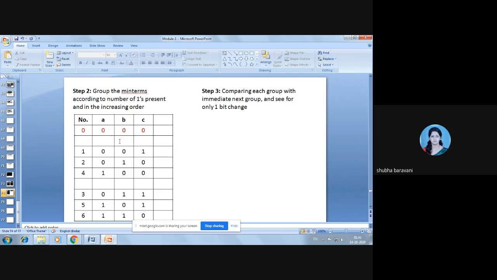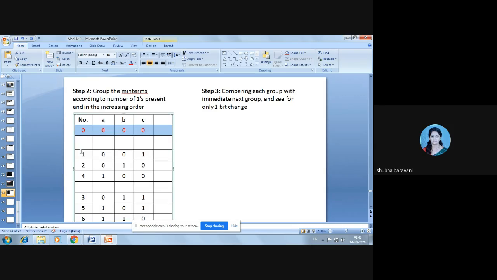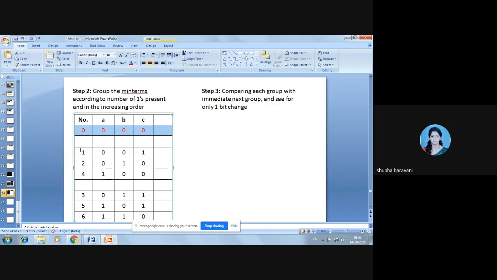See, now this is my one group. This is my another group. 1, 2, 4 is my another group.